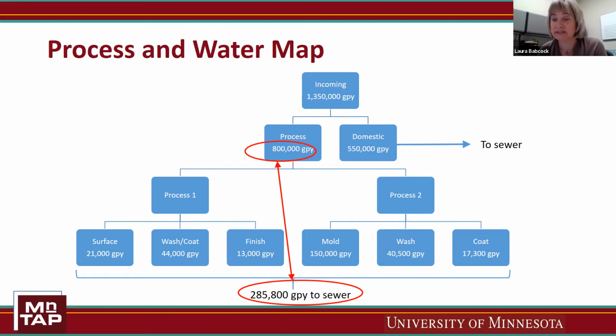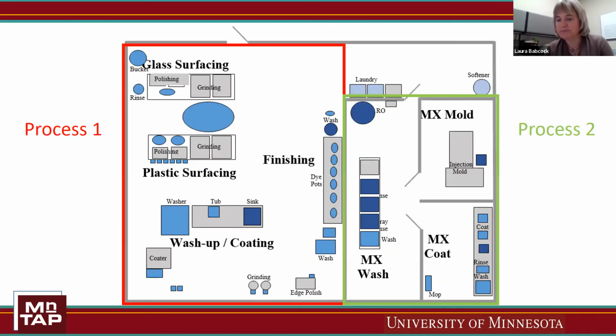Something's happening. Is this a leak in the system? Is that 500,000 gallons just a leak that is in the parking lot or under a piece of equipment that we can't measure and don't see or hear? Or are there additional uses in the operation? And in this case, there were additional uses in the operation. The laundry, the softener, and the RO systems were 3 operations that aren't part of your production operations.